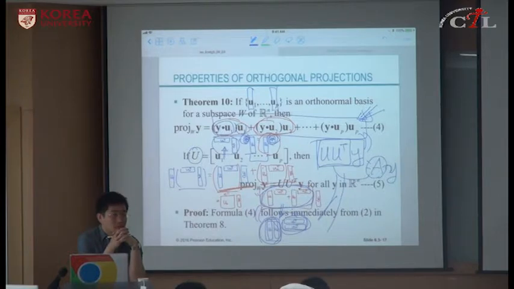This transformation satisfies the linearity property: applying the transformation to a linear combination gives the same result as first applying this orthogonal projection and then doing the linear combination later on. Those results will be the same.